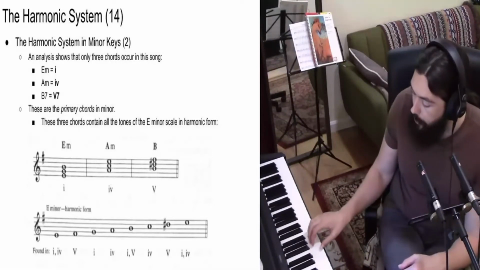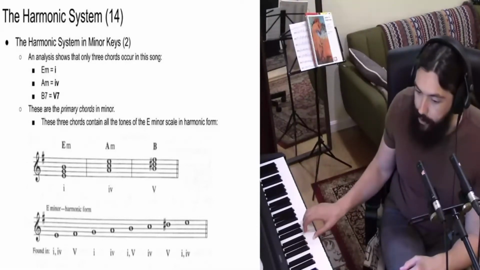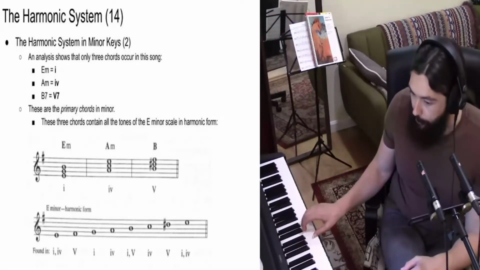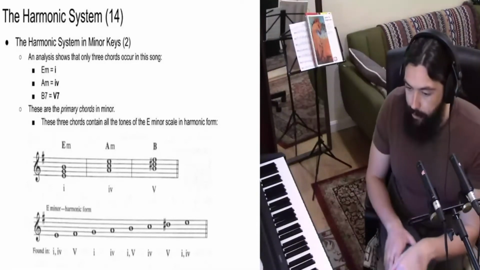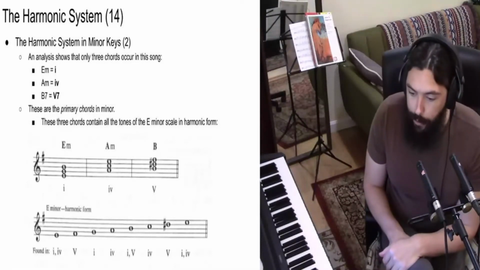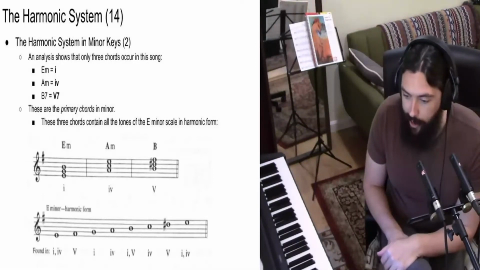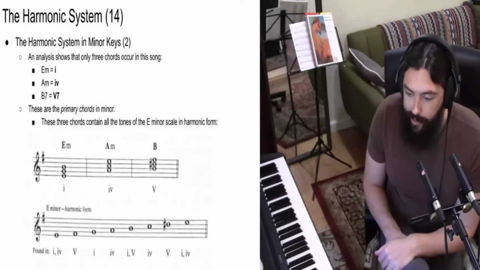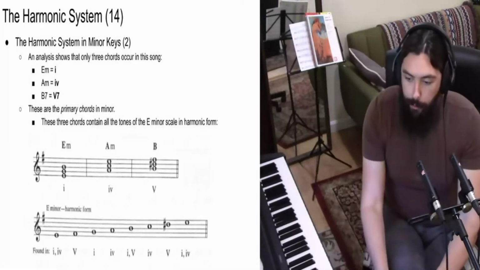You got E, G, B in the first one, and then you got A, C, E in the 4 chord, and then you've got B, D, F sharp, right? So in all of them, it adds up to E, F sharp, G, A, B, C, D sharp, E. Okay, moving on here.